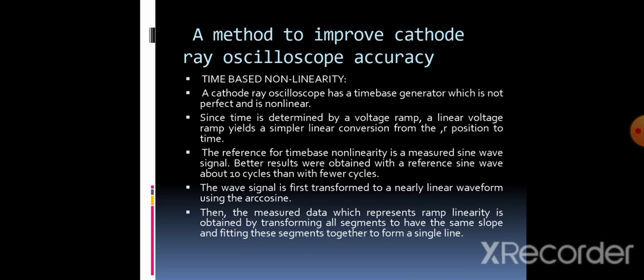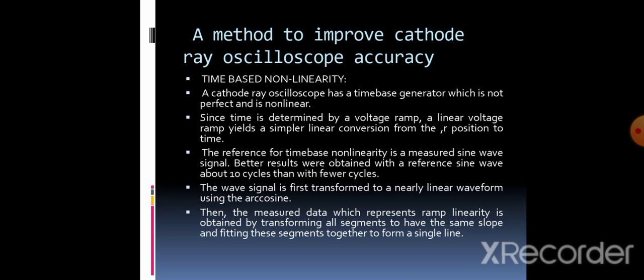non-linearity. The CRO has a time-base generator which is not perfect and is non-linear. Since time is derived by a voltage ramp, a linear voltage ramp yields a linear conversion from the x position to time. The reference for the time-based nonlinearity is a measured sine wave signal. Better results are obtained with a reference sine wave of about 10 cycles than with fewer cycles.